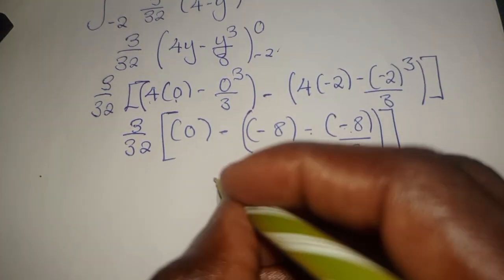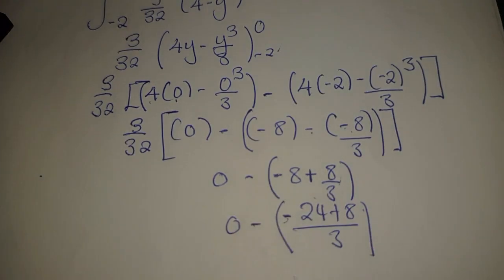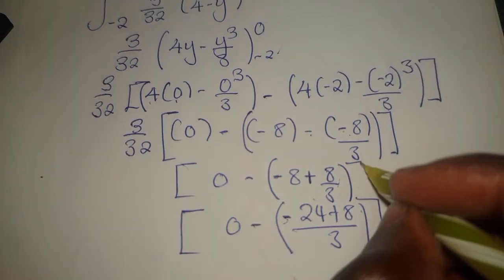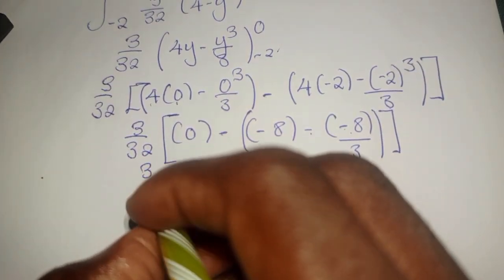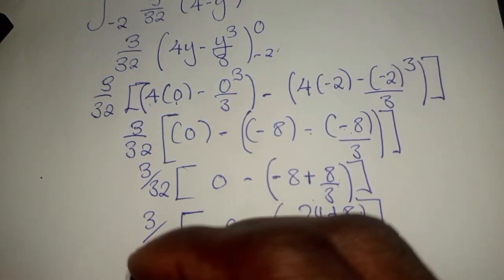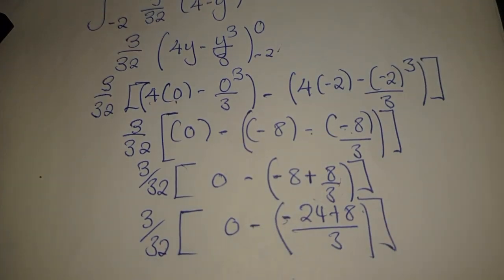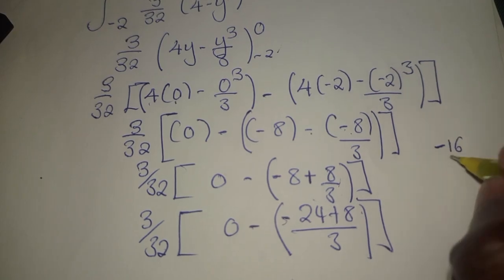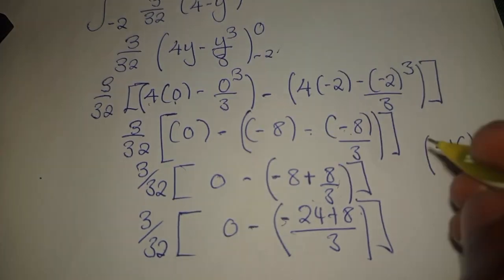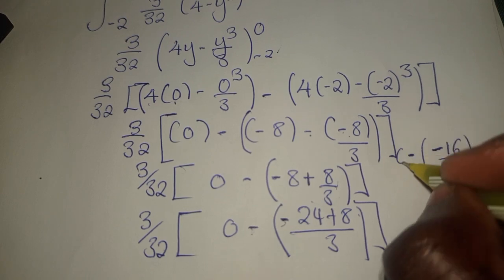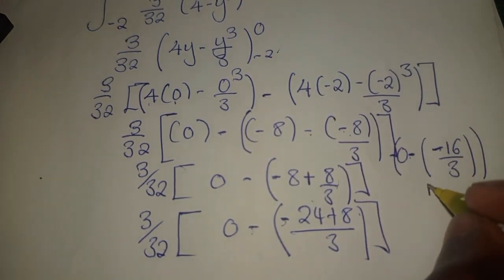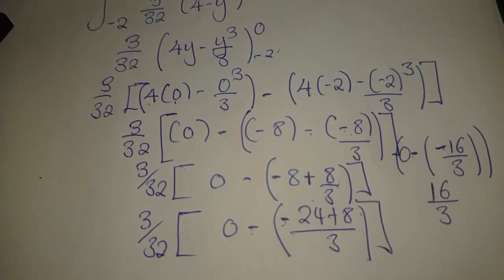We have a negative here and the 0 just follows. So we close our brackets like this, where we have 3 over 32 outside here and 3 over 32 outside there. So negative 24 plus 8 is negative 16 divided by 3. And remember, you have a negative and a 0 here. Negative times negative is positive, so we have 16 divided by 3.